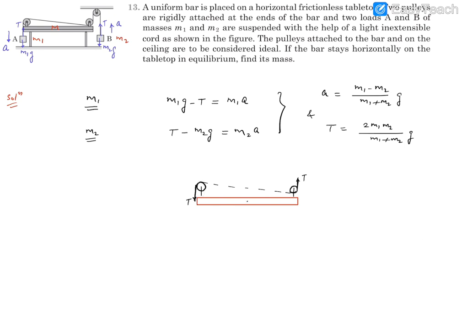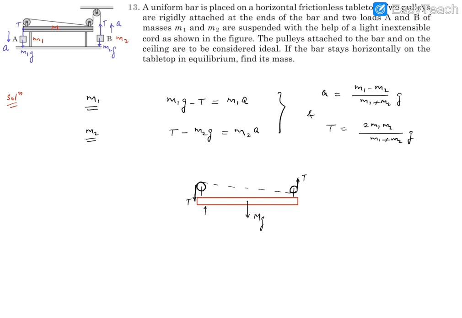Let's say the mass is capital M, so that mass is going to act downwards. And the surface will provide normal reaction, right? Normal reaction generally is distributed. If there is no tilting or toppling effect, then it is uniformly distributed. But if there is an effect of rotation coming in, it changes its location.